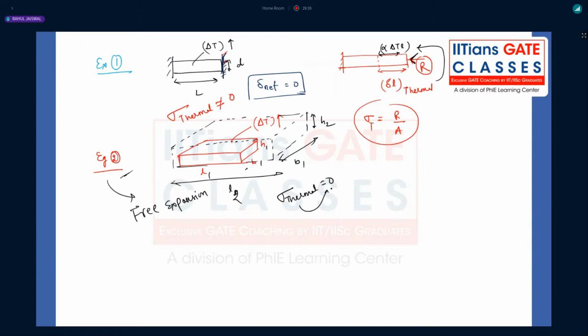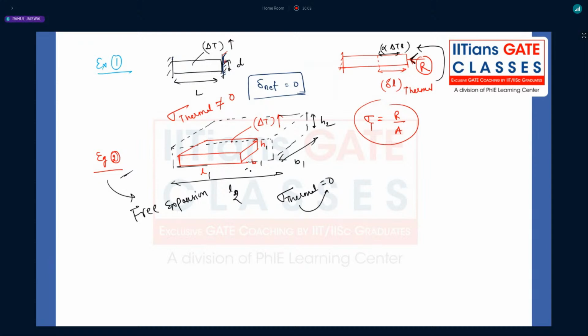Without internal resistant forces, there will not be any stresses, either mechanical stress or thermal stress. Mechanical stress is because of the external loading, and thermal stress is because of temperature changes. If both are acting, then we need to superimpose them along X, Y, or Z. In all directions, there is no support in the free expansion case.